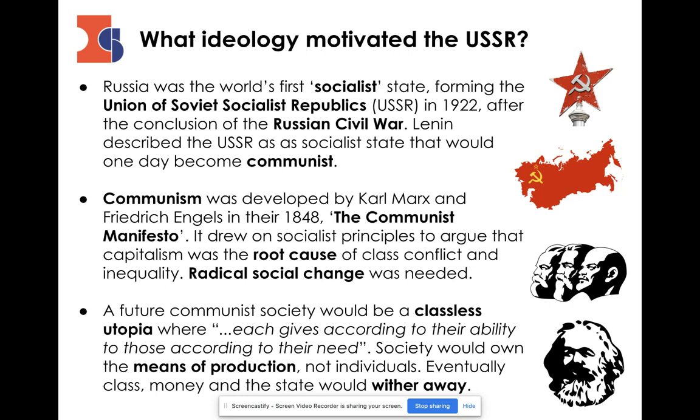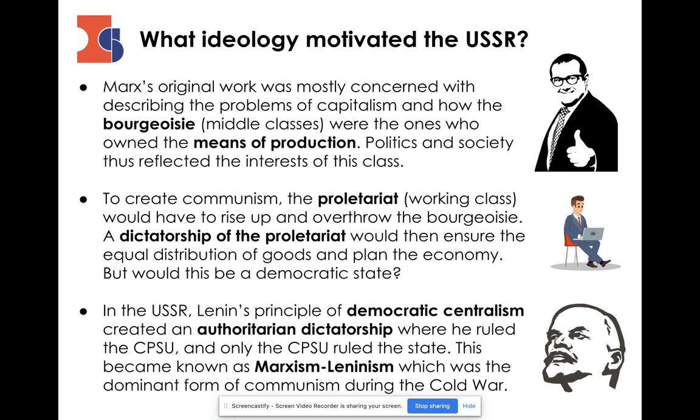And by doing so, they would remove inequality, money would no longer be needed, and the government would eventually wither away. This was the vision of communists, and it's quite inspiring to many poor workers across the world, this kind of utopian style politics.